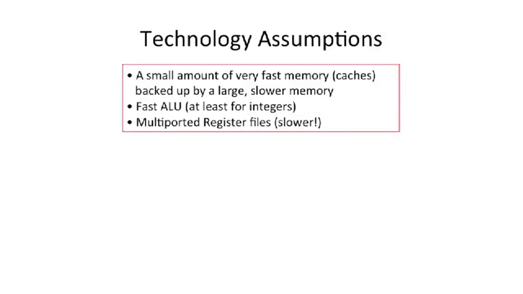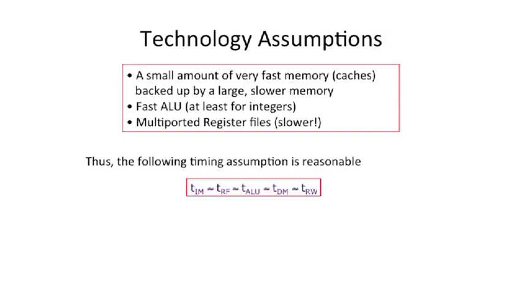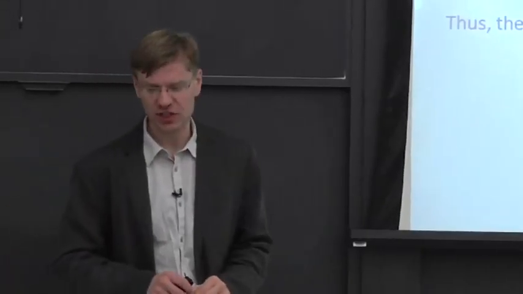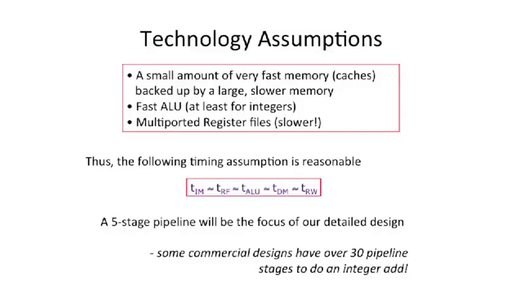Another assumption is that you have fast arithmetic logic units to do your math. And you also have multi-port register files, which are maybe slower, but you can still build them. If you take these technology assumptions all together, they are reasonable for a 5-stage MIPS pipeline, but it changes whenever technology changes, or rather device technology changes. And you have to reevaluate this.